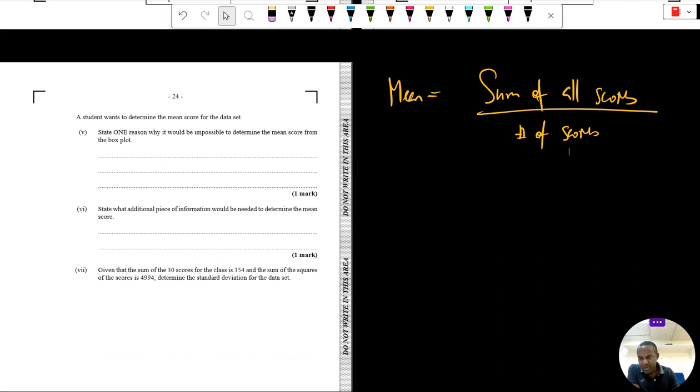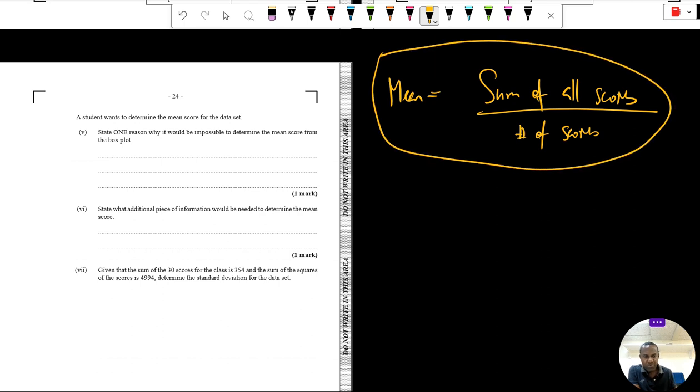Now, the next part says, state what additional piece of information will be needed to determine the mean score. Based on this formula, the mean is equal to the sum of all scores divided by the number of scores. At the beginning of the question, we're told that there were n equals, was it 20? No, 30 students.